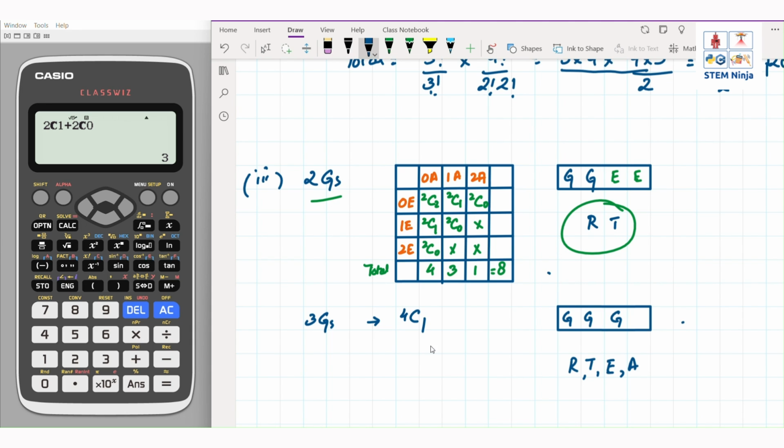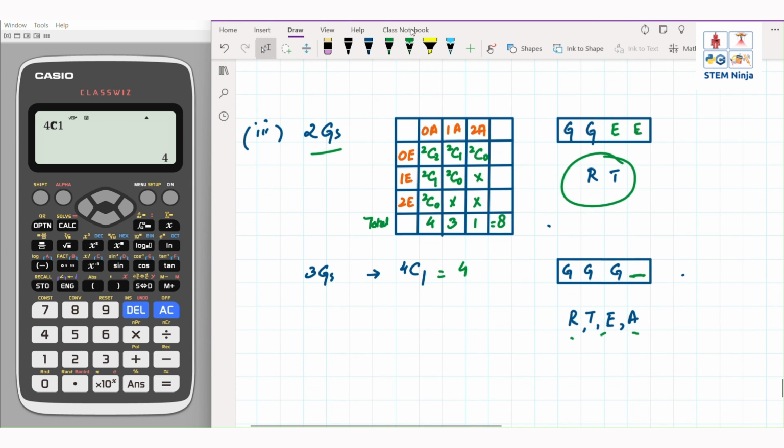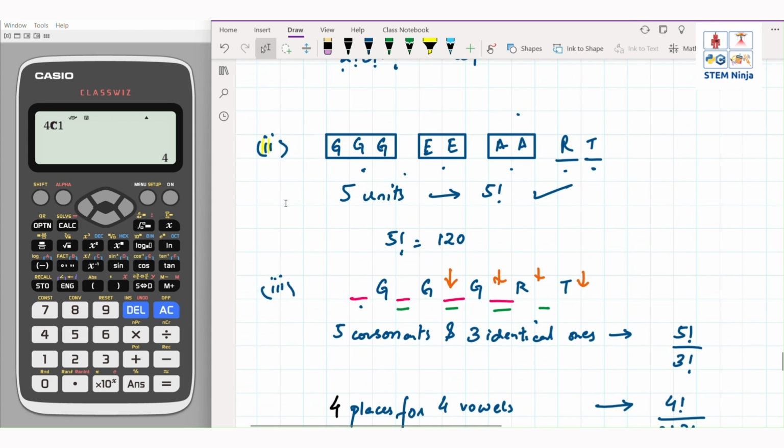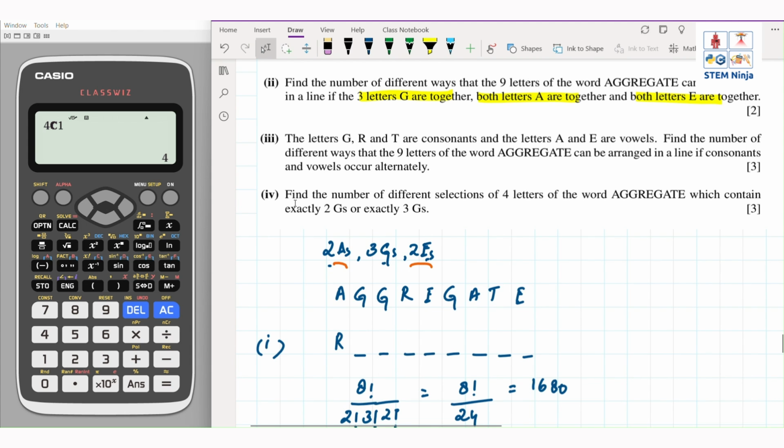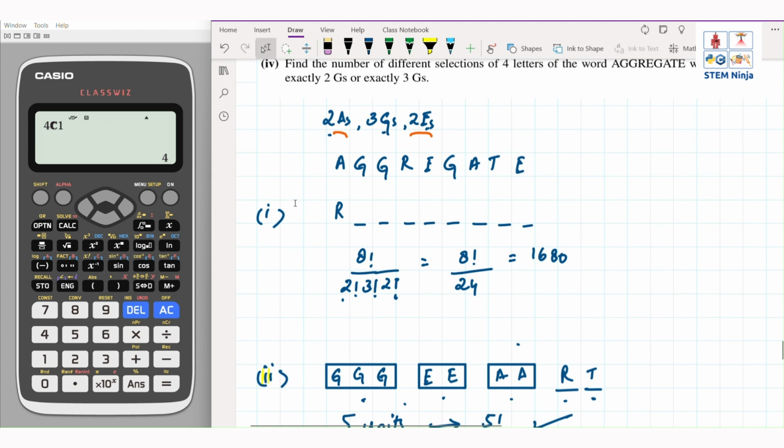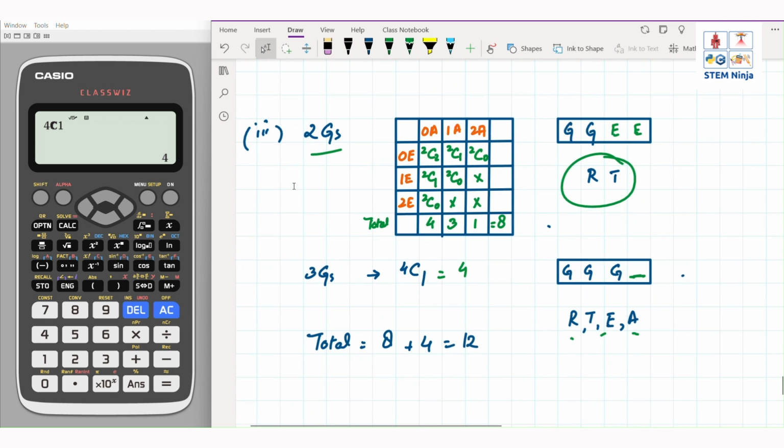So 4C1, because you have one choice to make from four possibilities. So 4C1 is just going to be 4. So total number of ways will be 8 plus 4, 12. That's it. So basically, that's it.